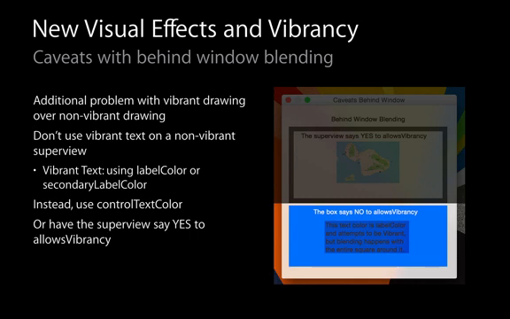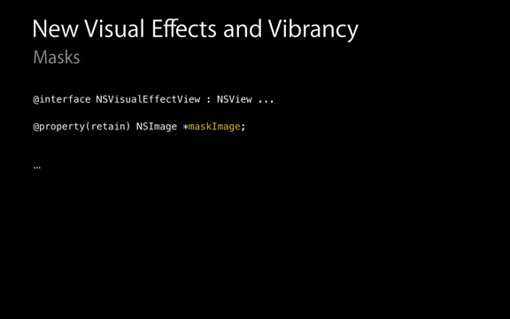However, those areas are overlapping. And we just described this to the window server. And so what's going to happen is anything in that square of the text is going to be vibrant, including what was drawn behind it, that blue area. And so it gets vibrancy applied to it. So this is another caveat which you should be aware of and not do. Instead, you probably want to opt your text to not be vibrant or have that blue control be vibrant so everything is vibrant.